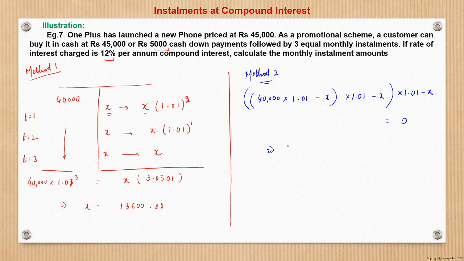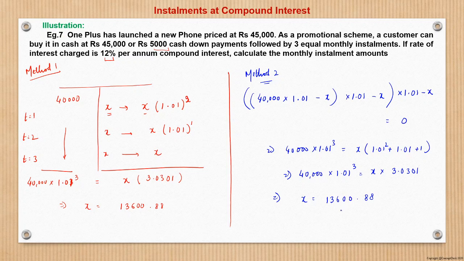So this again becomes the same thing: 40,000 into 1.01 cube is equal to x into (1.01 square plus 1.01 plus 1), that is x into 3.0301. So from here x is nothing but 13,600.88, right? So this is the answer to this question.